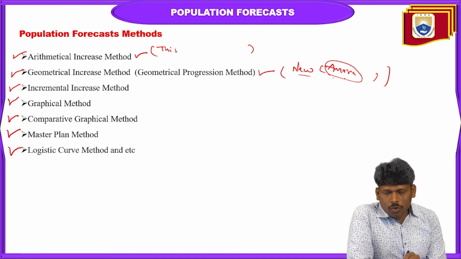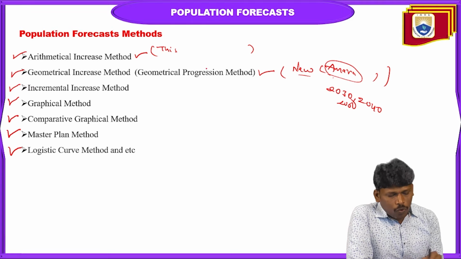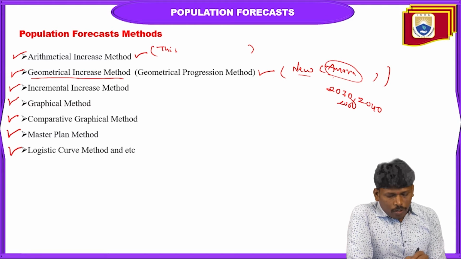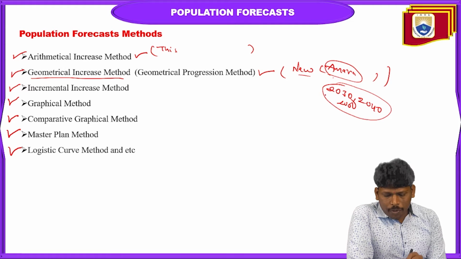In that case, to estimate the population for 2030, 2040 or 2050, you can use this method.